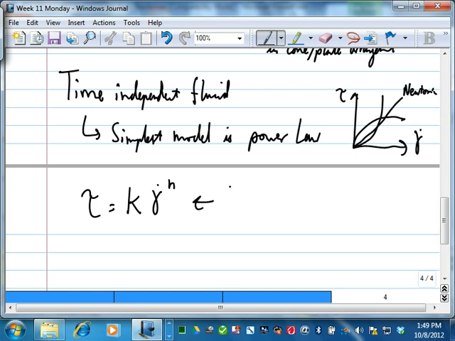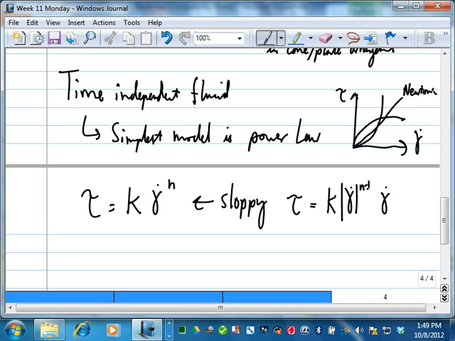This is sloppy. Because this has a direction, the other side should also have a direction. Shear stress is equal to K times the magnitude of gamma dot to the power n-1 times gamma dot. This ensures you're in the right direction, because when you square it and so on, the direction might be lost. Given, let's say, n equals 2, then you lose direction. When you put in a negative value and square it to a positive value, things look a bit strange.